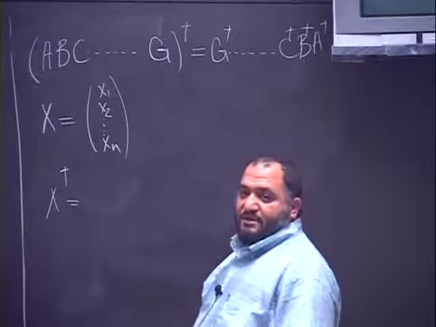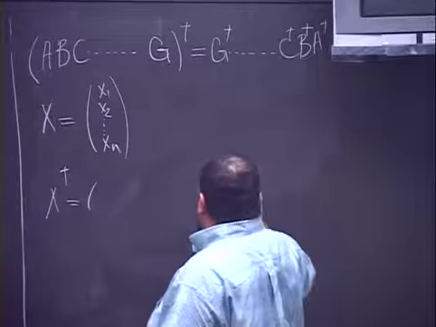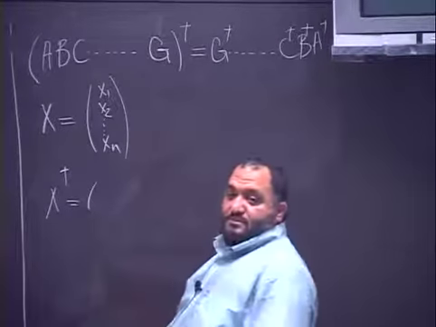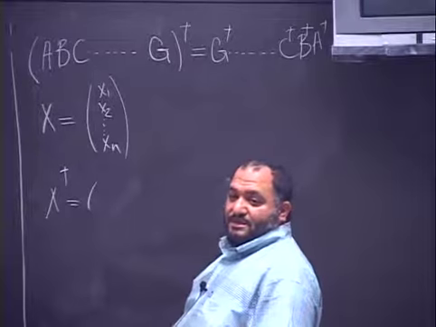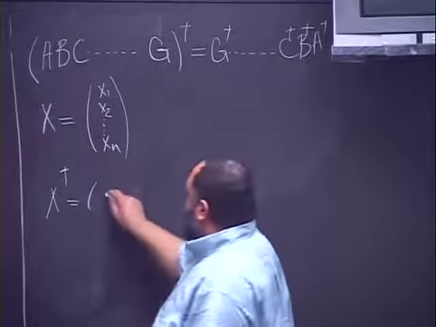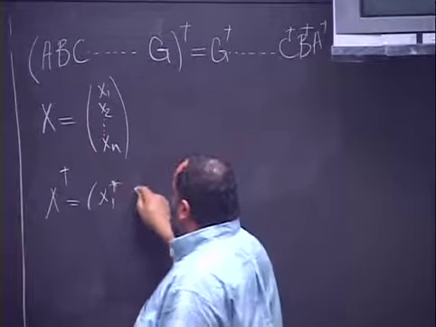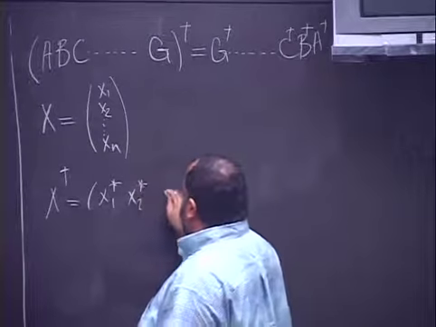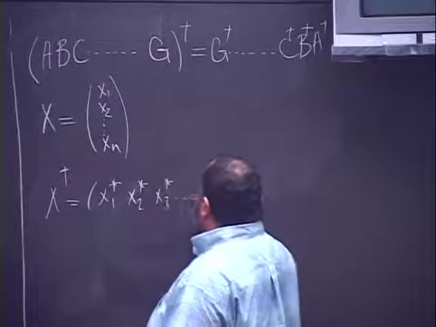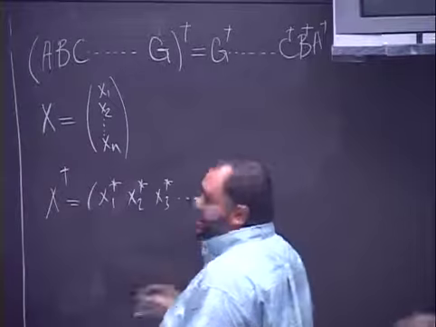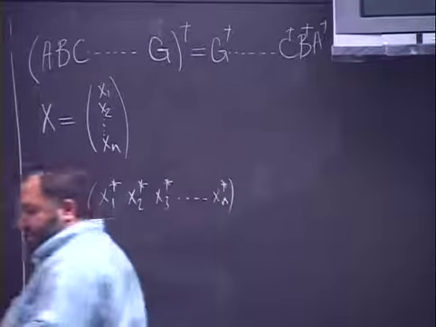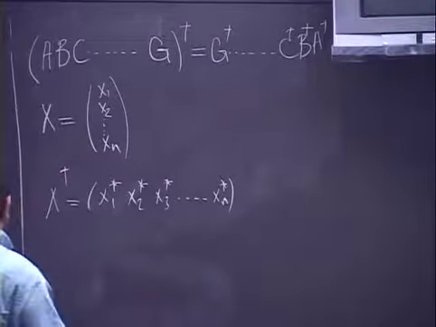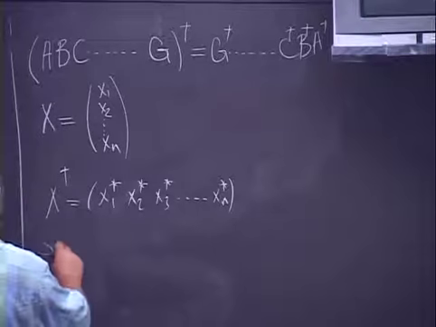It's a column, it becomes a row. And then do what? Take the conjugate. So this will be what? That's it. Easy.